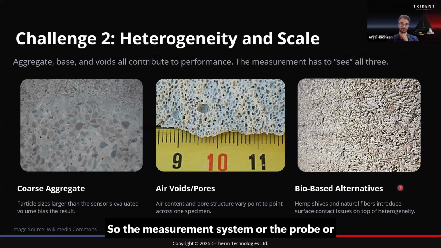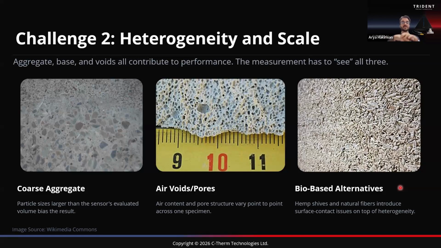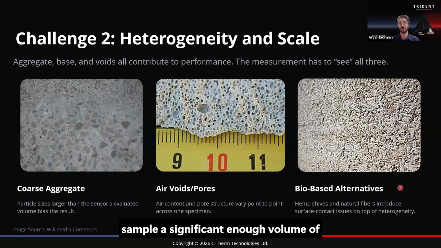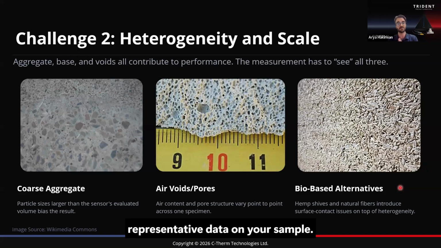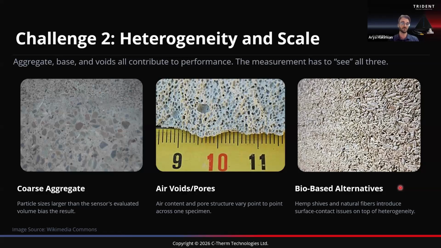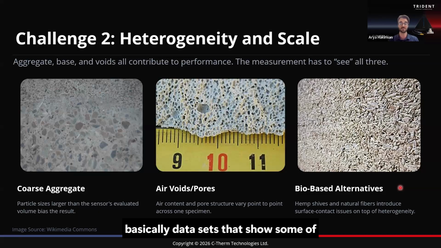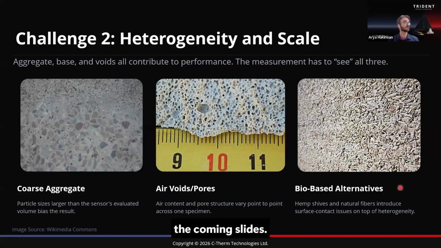So the measurement system or the probe or the instrument has to be able to sample a significant enough volume of material to provide representative data on your sample. And again, we'll go through some data sets that show some of these different considerations in the coming slides.